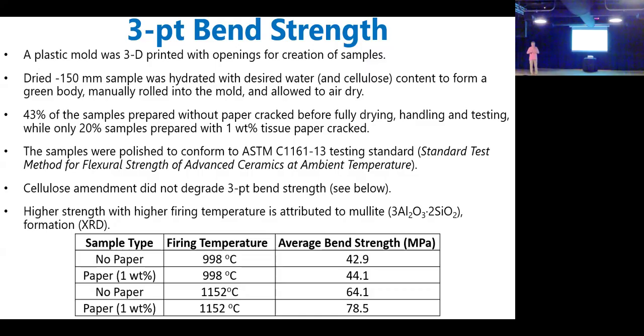It's either a char or something. It's decomposed, and we'll come to that here in a minute. But in terms of strength and performance, the amendment with the tissue paper also increases strength a little bit. So for all purposes, formability, strength, that amendment, very low cost.